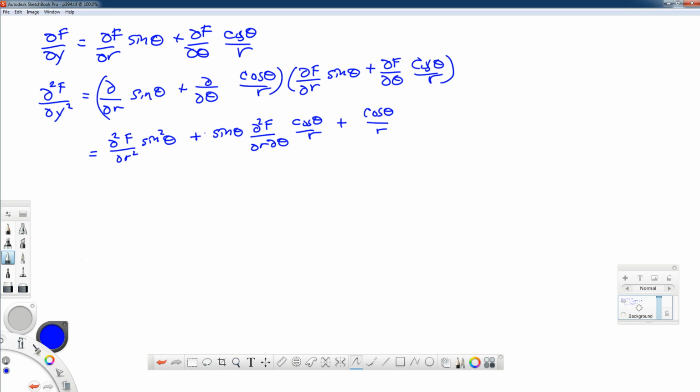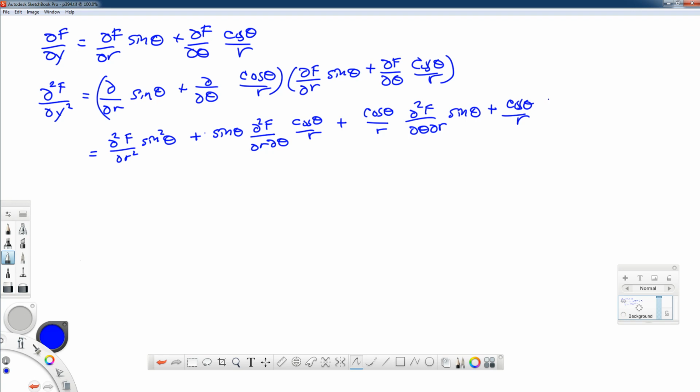That's multiplied by this operator. But on this first term in the second bracket, we're going to have to distribute that partial with respect to theta on both of those terms. So we're going to have a second partial of f with respect to theta and r times sine theta, and then we're going to have a cosine theta over r.